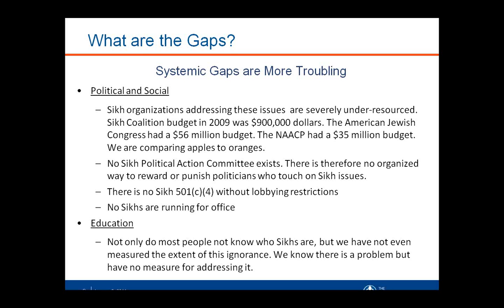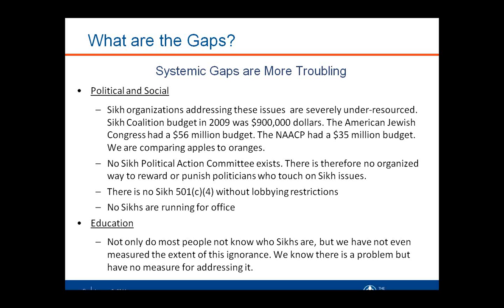they think that's 100 votes attached to that community. And then finally, the other systemic gap that's really huge is education. Not only do most people in America not know who Sikhs are, but we as a community have not even measured the extent of the ignorance. I don't know, and I don't think anyone who's listening to this webinar can say with certainty, what percentage of the American population doesn't know who Sikhs are, what don't they know about us, what do they think of the star, what do they know about the founders.